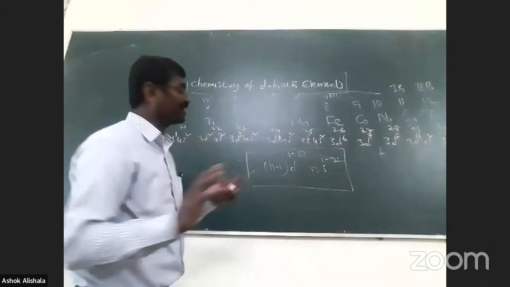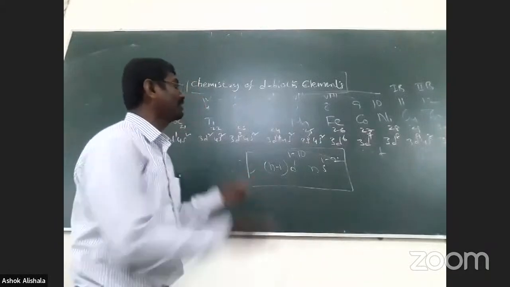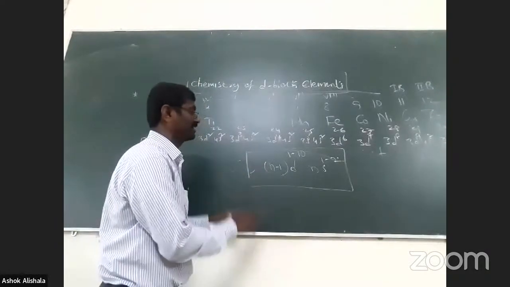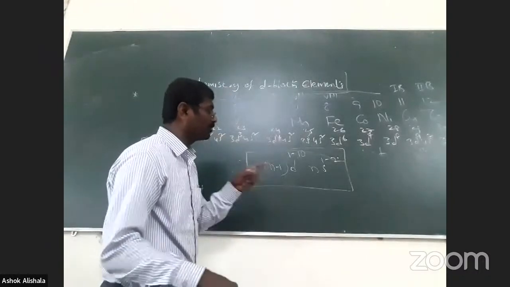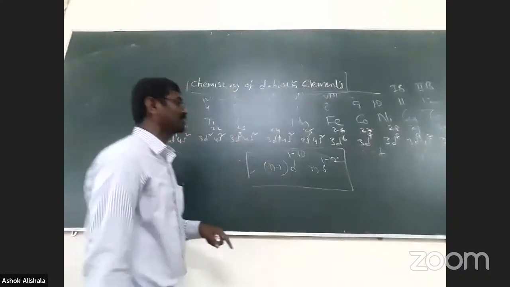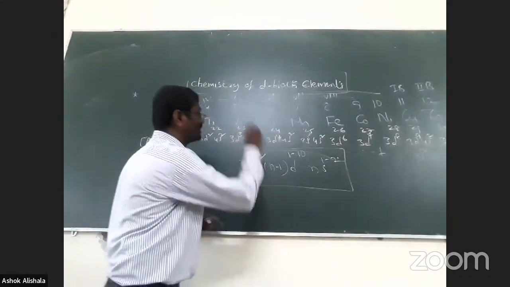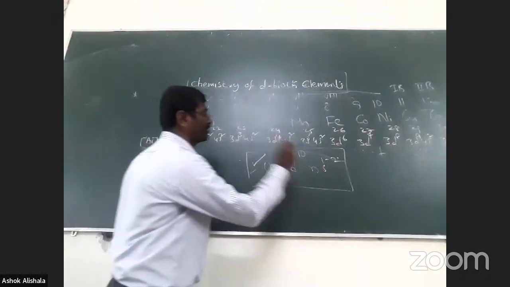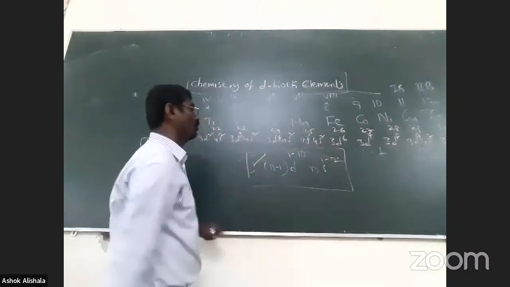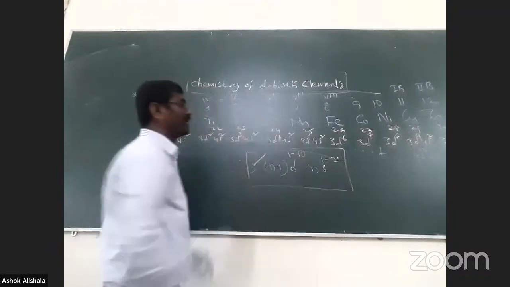Therefore, the electronic configuration of the elements is very important to understand the oxidation states, especially the variable valency or variable oxidation state of the d block or transition elements. If you see the outer electronic configuration, it is ns1 to 2, (n-1)d1 to 10.